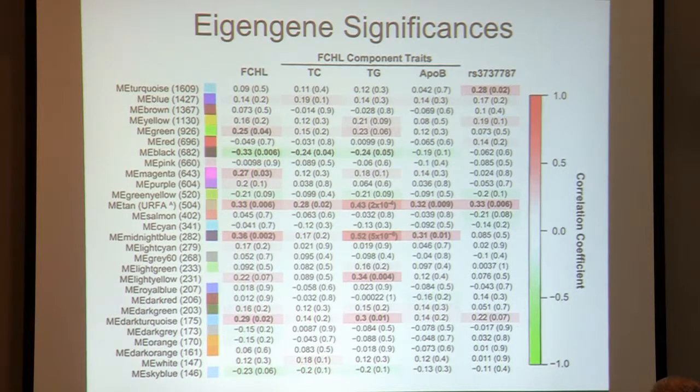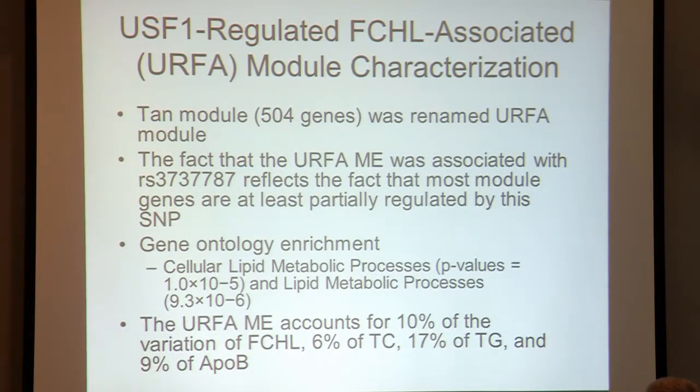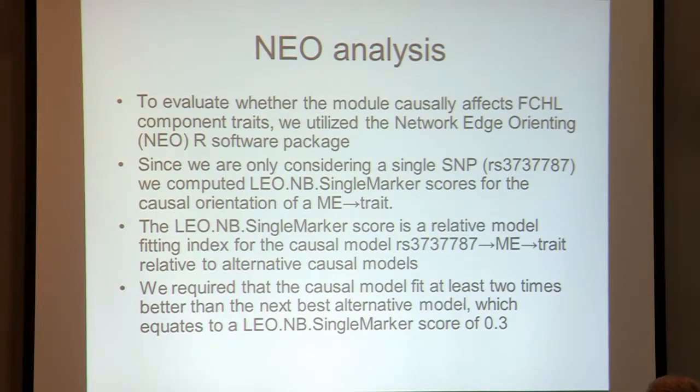But now, of course, we have this SNP, and we can do an exciting analysis. We can ask, is there evidence that this module eigengene is causally related to disease status? And so in other words, we can evaluate this type of a causal model. Is this particular SNP, does it causally affect the module eigengene, and does that causally affect some of these traits?